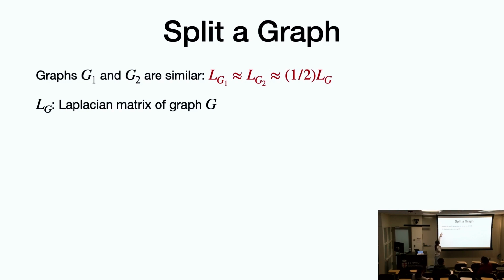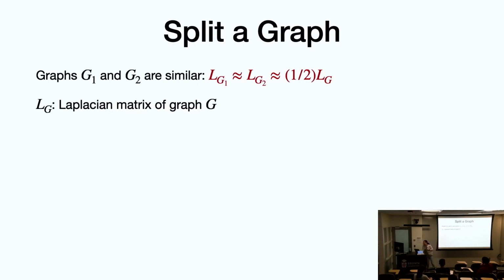I will use L sub G to denote the Laplacian matrix of graph G. Suppose graph G has n vertices, then this Laplacian matrix L_G is an n by n matrix. Each row and each column corresponds to a vertex in the graph G. You could define the Laplacian matrix as the diagonal degree matrix minus the adjacency matrix.